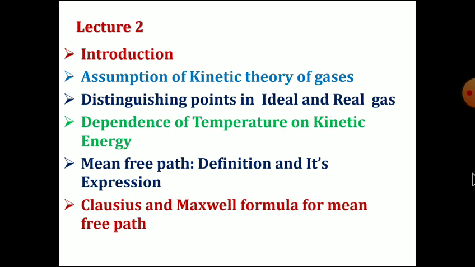In this lecture we are going to discuss these points, which include the introduction of Paper 5, assumptions of kinetic theory of gases, distinguishing points between ideal and real gas, dependence of kinetic energy on temperature, and mean free path, which we have to define along with its derivation, and the Clausius and Maxwell formulas for mean free path.